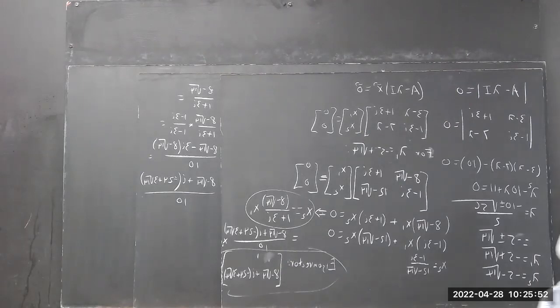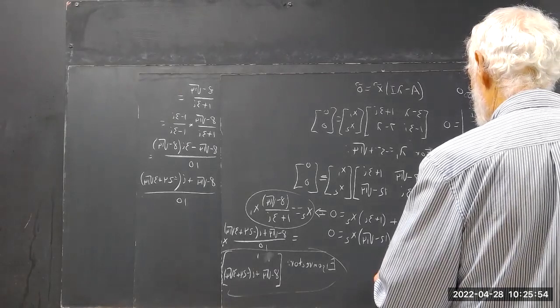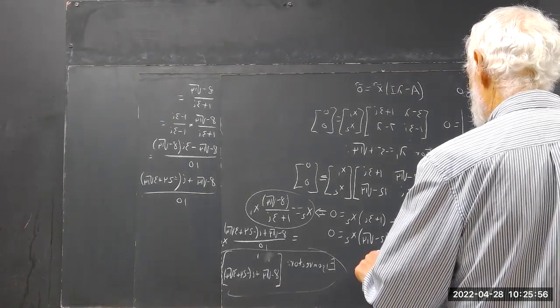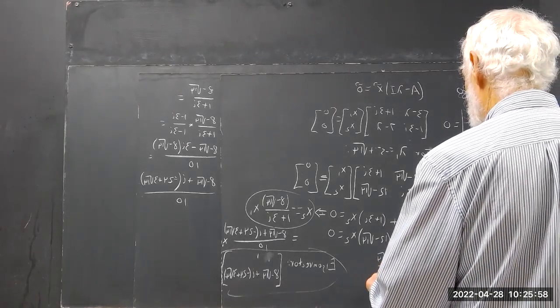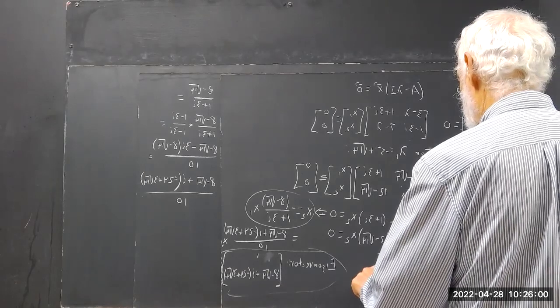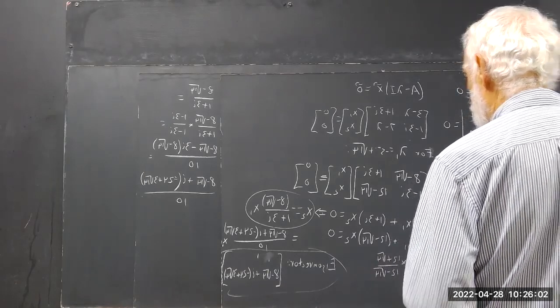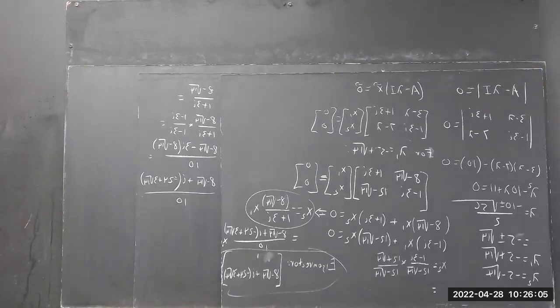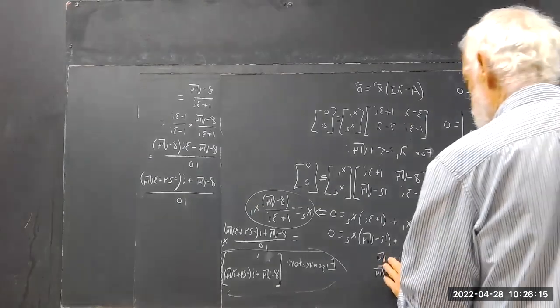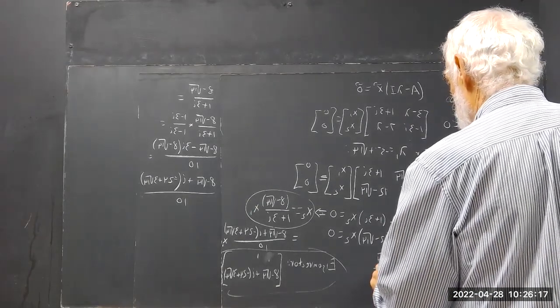Well, if we rationalize the denominator, then hopefully we get this. 10 is 12 plus the square root of 14.